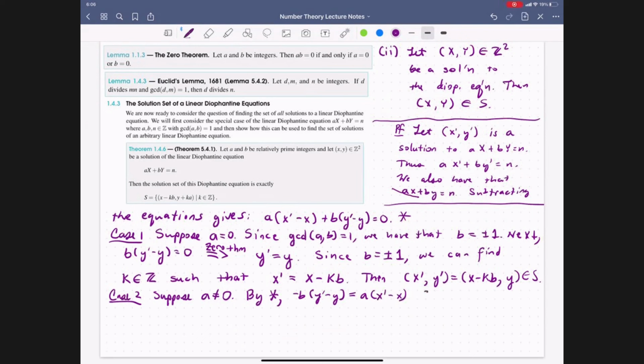So in other words, a is a factor. So a divides b(y' - y).